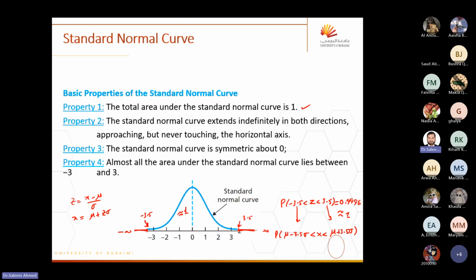So if mu is in the middle, then this is almost mu plus 3.5 sigma, and this is mu minus 3.5 sigma. So almost all the probability is taken between plus minus 3.5 standard deviations.